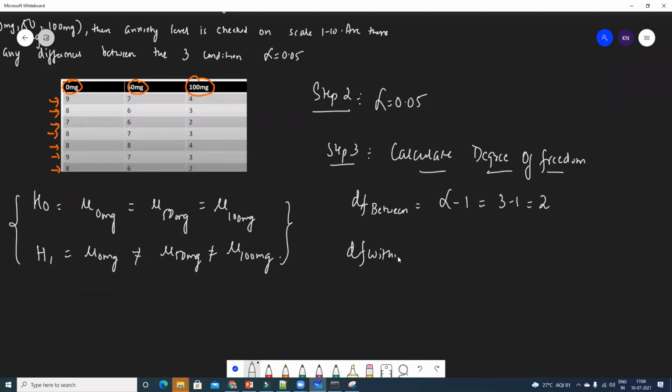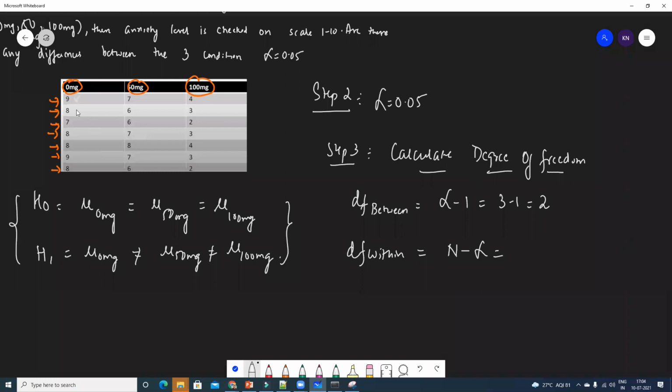Then we compute degree of freedom within. In this, we basically use the formula N minus alpha. What is capital N? Can you tell me? Not just number of rows, guys.